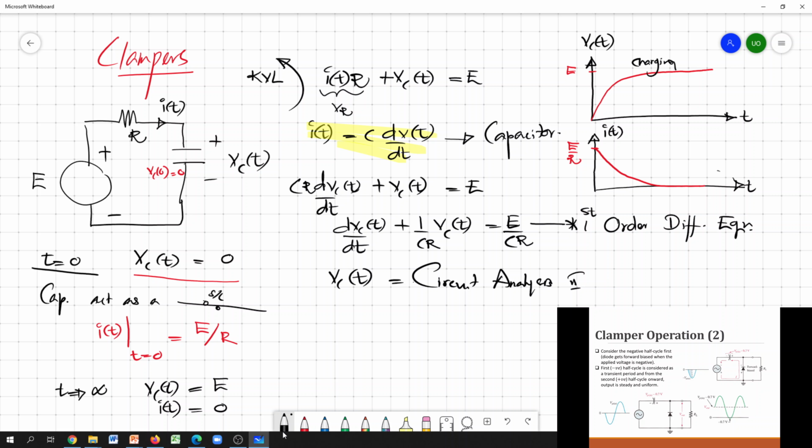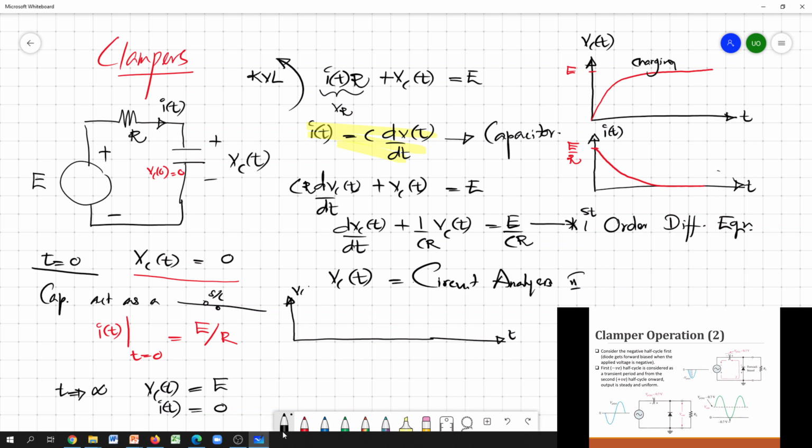From 0 it is charged up to the value of the source. At the same time the current simply converges to 0, and initially the current would be E divided by R. So this is the nature of the capacitor.